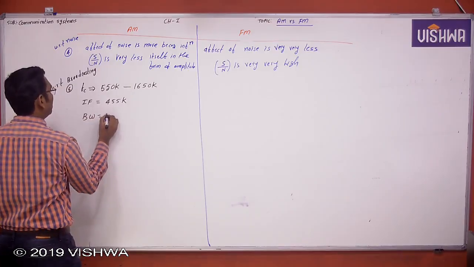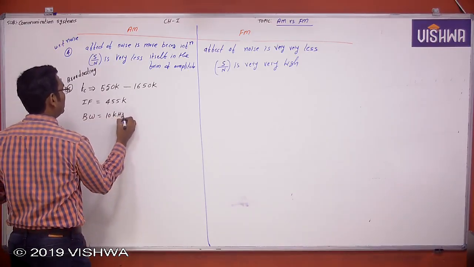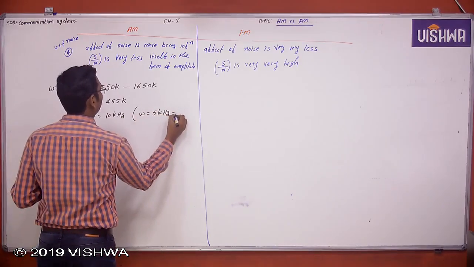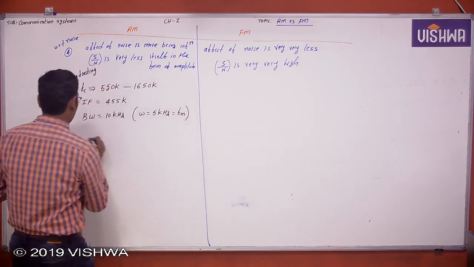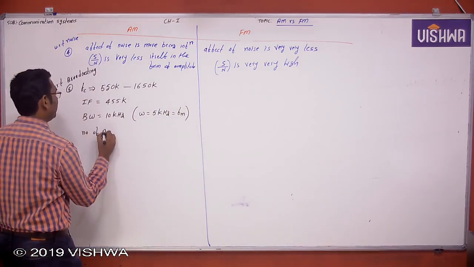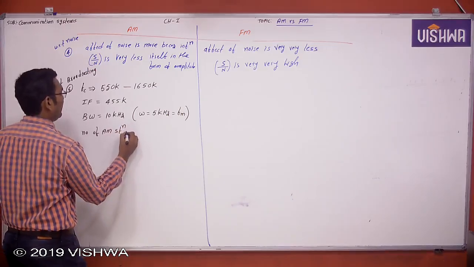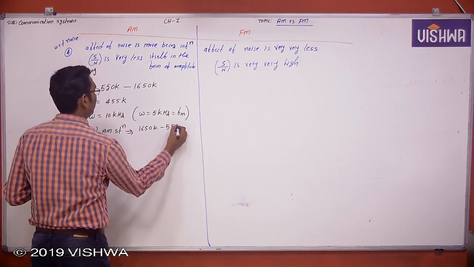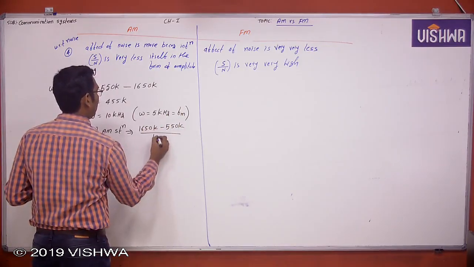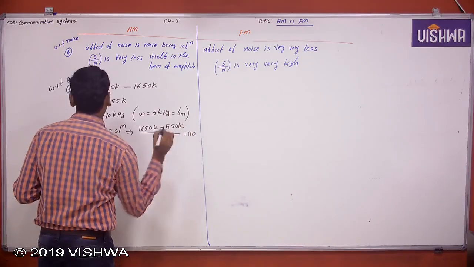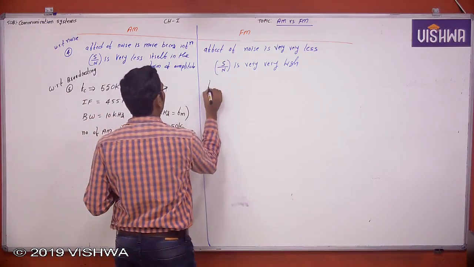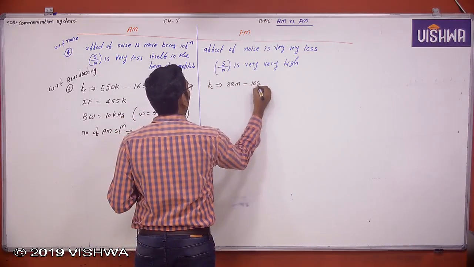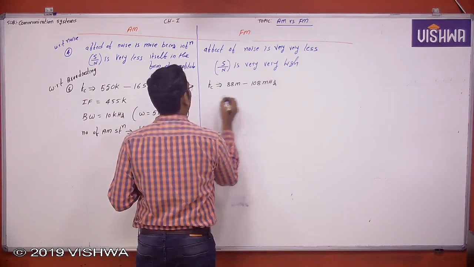Bandwidth is 10 kilohertz because each audio signal is band limited to only 5 kilohertz. The number of AM stations is (1650 kHz minus 550 kHz) divided by 10 kHz, which is equal to 110 stations.